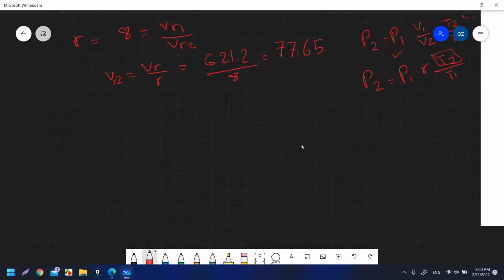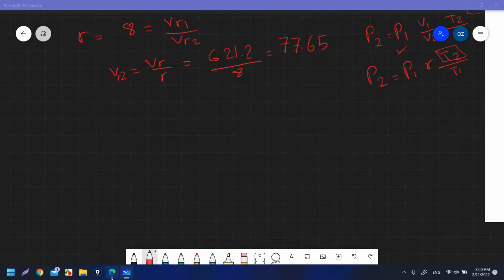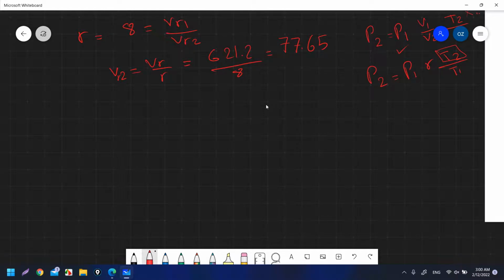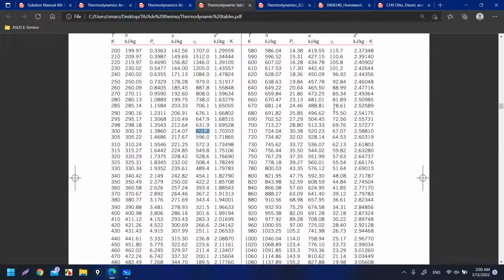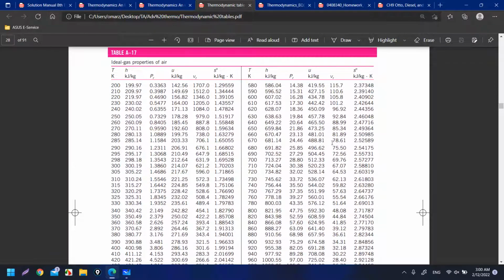So I will go to the table with vr equal to 77.65 and search for this vr. 77.65 is here between these two numbers, so I have to do interpolation. That is a problem with variable specific heat questions: you usually have to do interpolation in every state. So let's do interpolation between these two numbers.